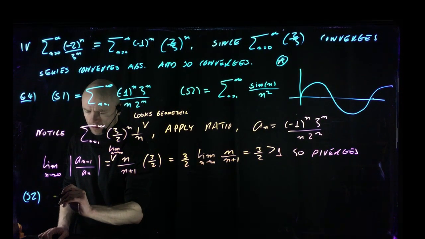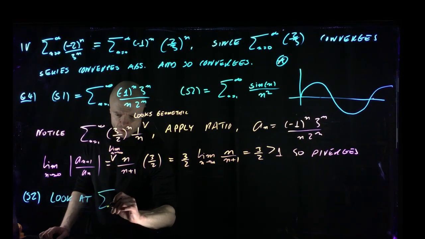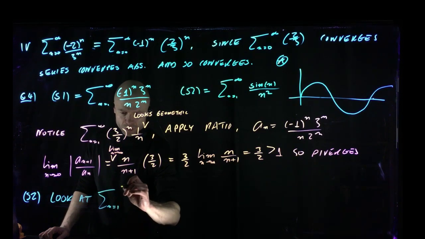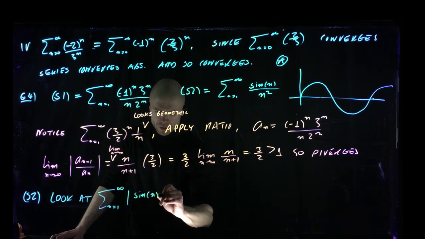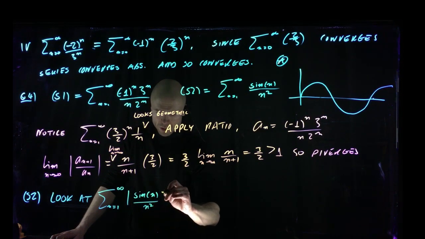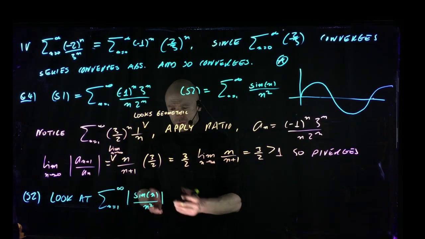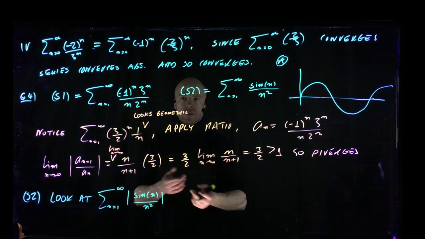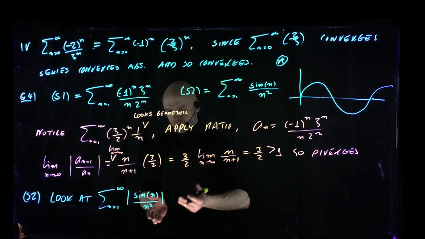And then how fast does it go to 0? So look at the sum n equals 1 to infinity of the absolute value of sine of n over n squared. And then the issue is just how fast does it go to 0? Well, sine of n is always going to be some number between minus 1 and 1, so the absolute value is going to be some number between 0 and 1.